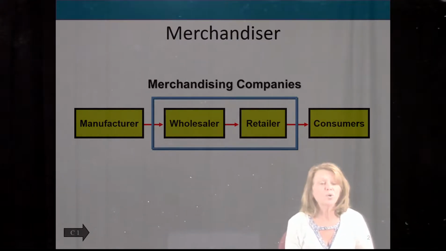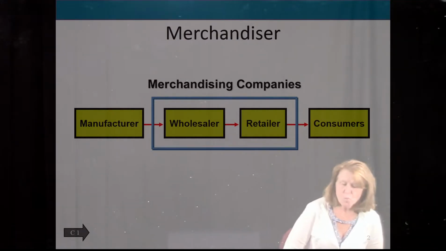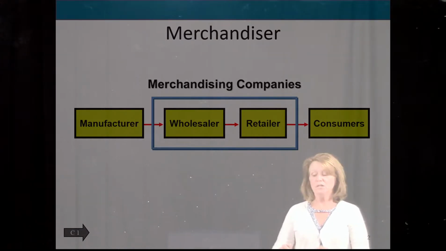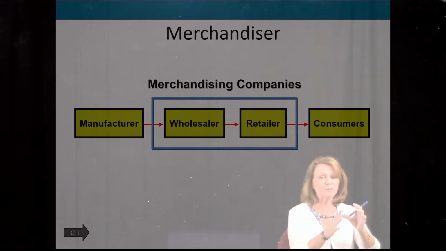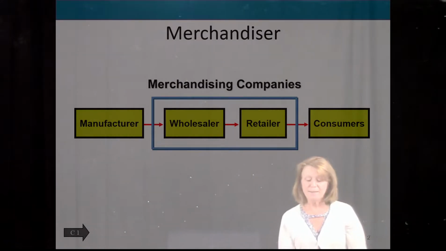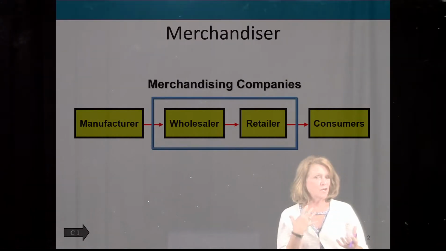You also know that with merchandise, there's usually more than one person in the middle. You have a manufacturer, a wholesaler, a catalog, a retailer, and a consumer. So there are various ways.